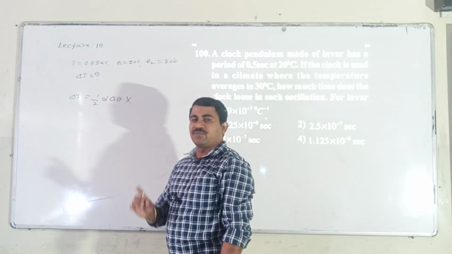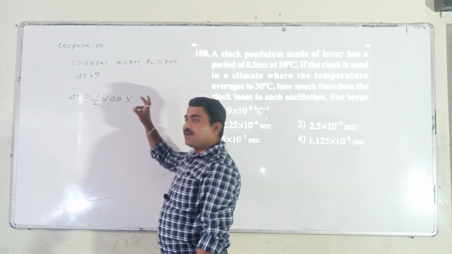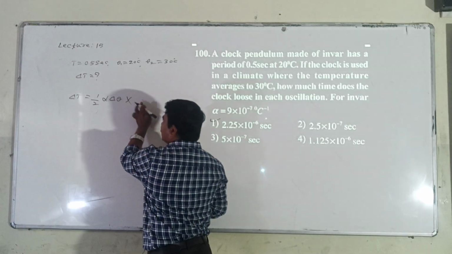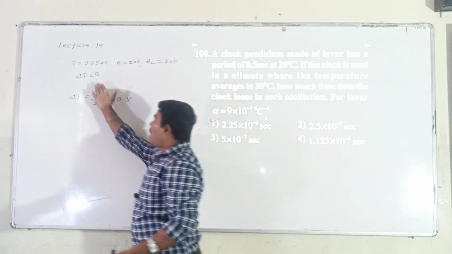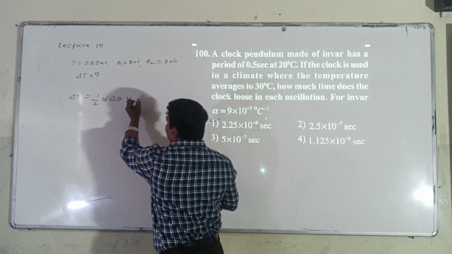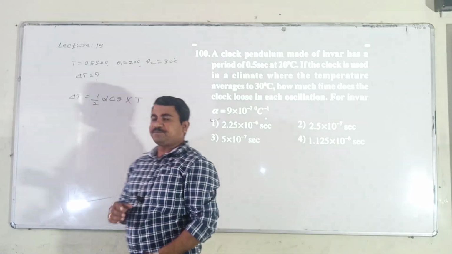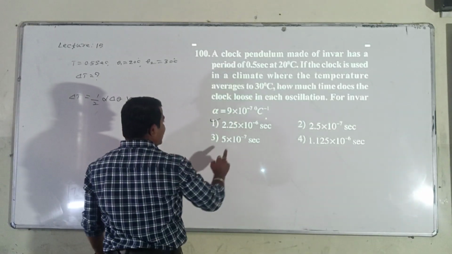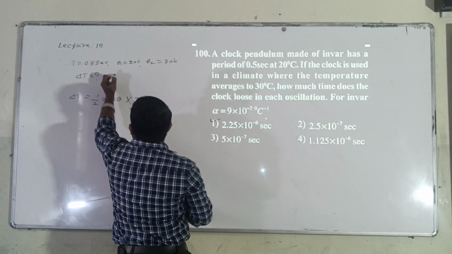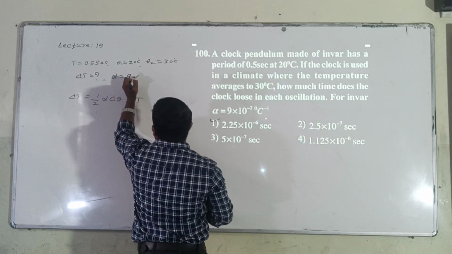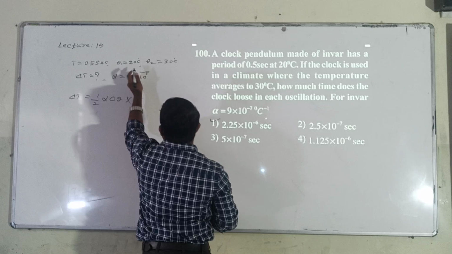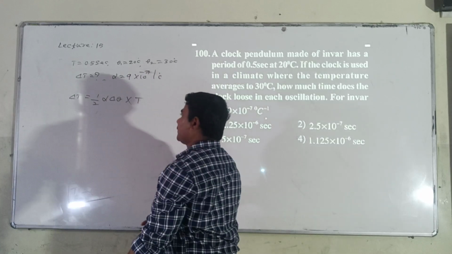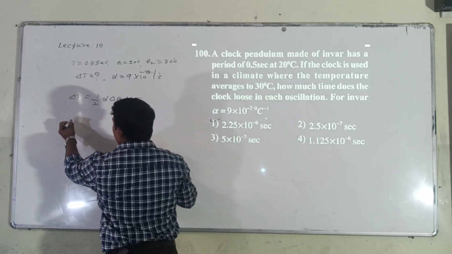For 1 oscillation it is 1, and for a number of seconds it is the T value. So T is given; shall I put the T value here? Put all the values. Alpha is equal to 9 into 10 raised to minus 7 per degree Celsius.